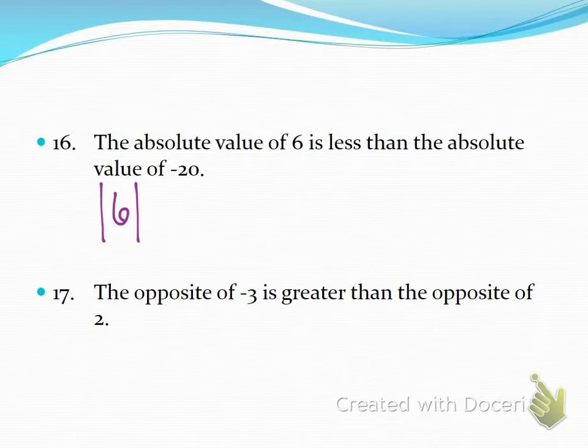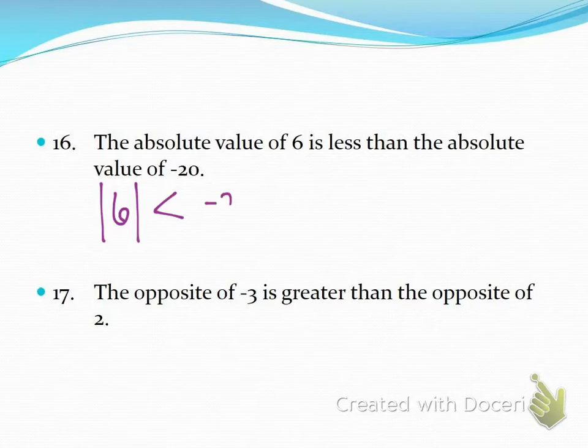Is less than. Does anyone remember the symbol for less than? Lydia? Good. Yep. So some people refer to it as the alligator mouth, which we're in high school, we might move past that a little bit. So this is our symbol for less than, the little arrow pointing to the left. Less than the absolute value of negative 20.